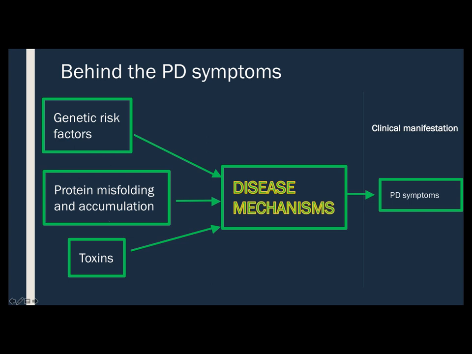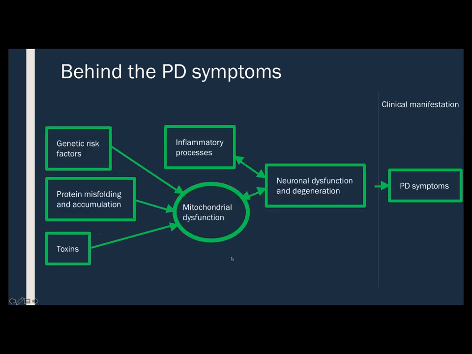There are some problems we know of with protein misfolding and accumulation, and we have the presence of toxins, right? And we can think of these as producing some mitochondrial dysfunction. There will be inflammation processes and neural dysfunction as degeneration, and all this together is what will lead to the different symptoms.